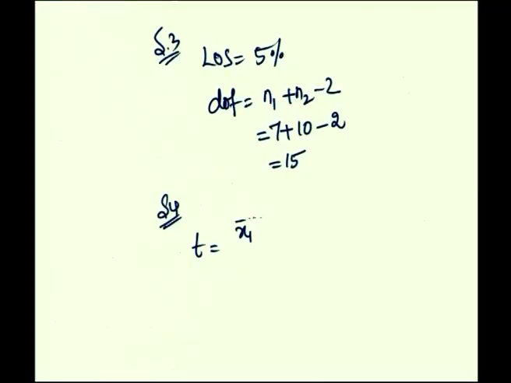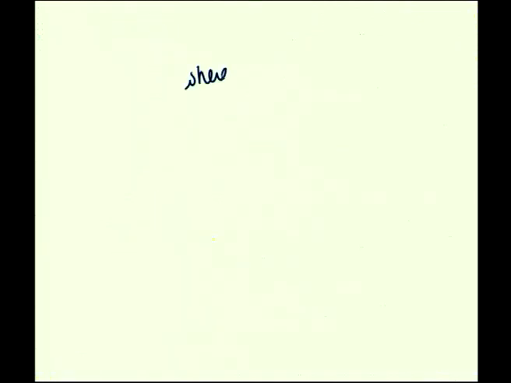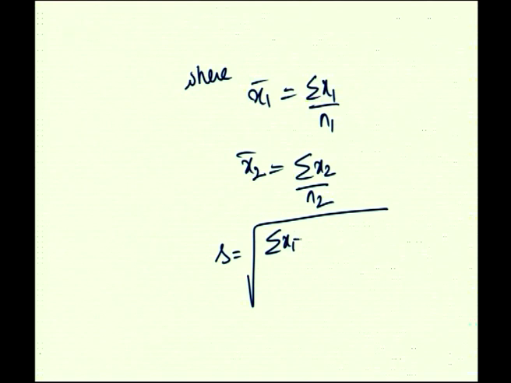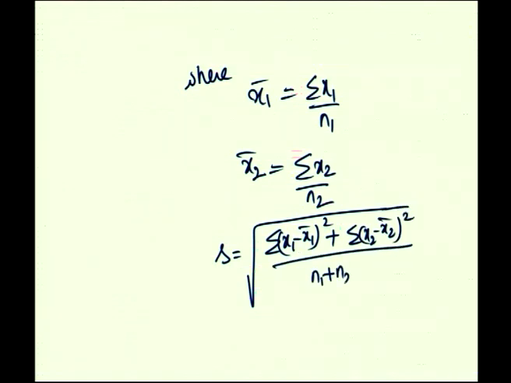The t formula is t equals x1 bar minus x2 bar divided by s into root of 1 by n1 plus 1 by n2, where x1 bar is equal to summation x1 by n1 and x2 bar is equal to summation x2 by n2, and s is equal to root of summation x1 minus x1 bar whole square plus summation x2 minus x2 bar whole square, divided by n1 plus n2 minus 2.